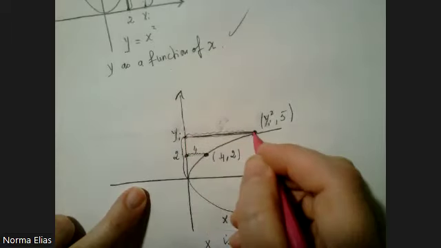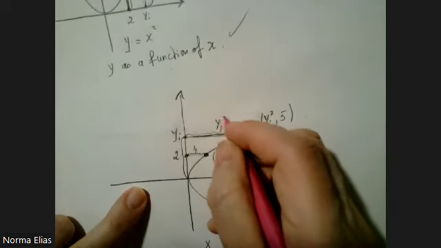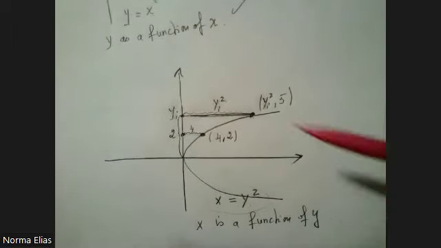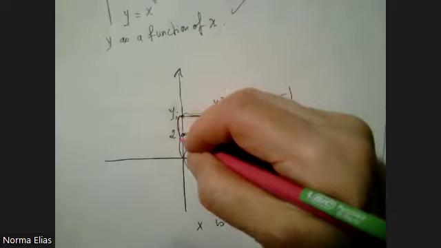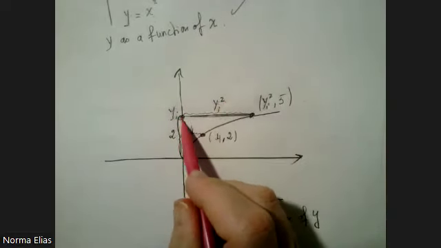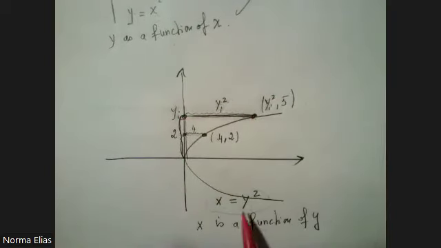It means from here to here I have yi squared. So if x is a function of y, it means if I know y, the horizontal distance from the y-axis till I hit the curve is yi squared, whatever x is as a function of y. Is this making any sense? Questions?